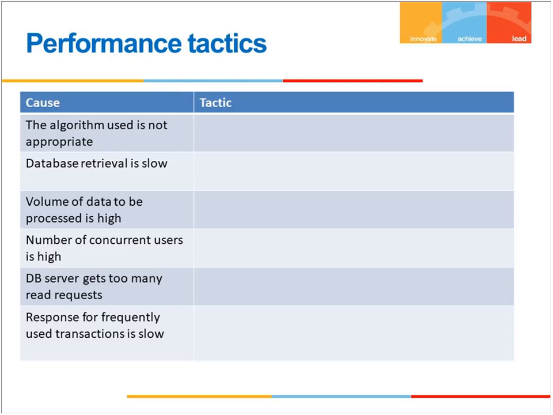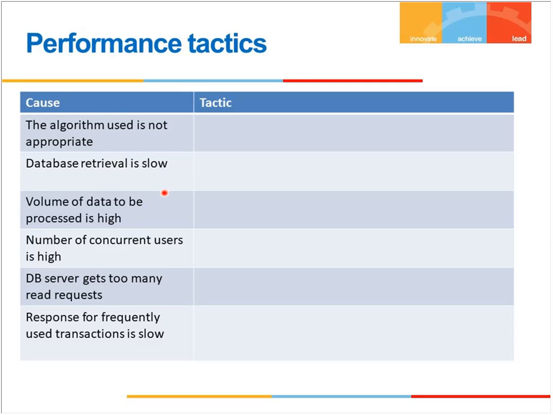Okay, coming back to the performance tactics. If the algorithm is not good, then we can look at a better algorithm. If database retrieval is slow, what can we do? We can do indexing, we can tune the database, we can do caching.